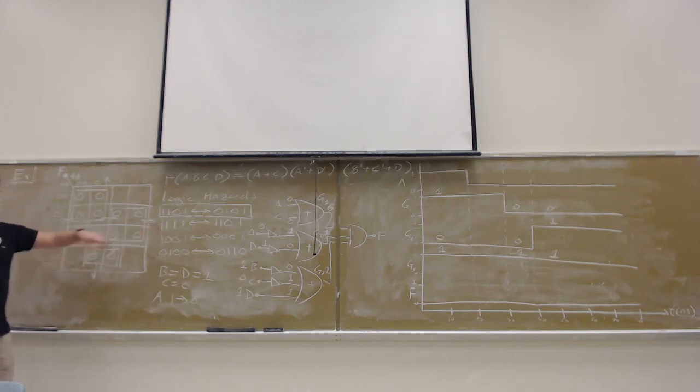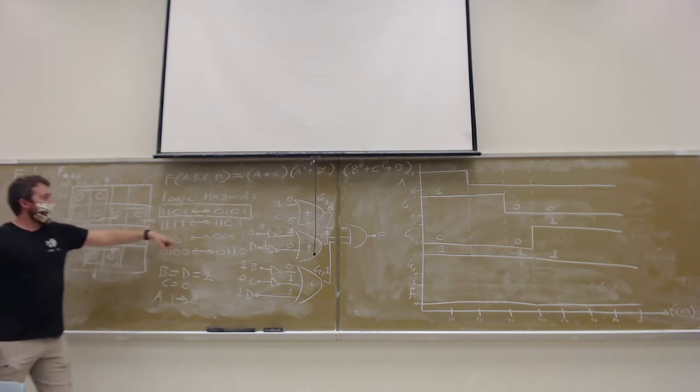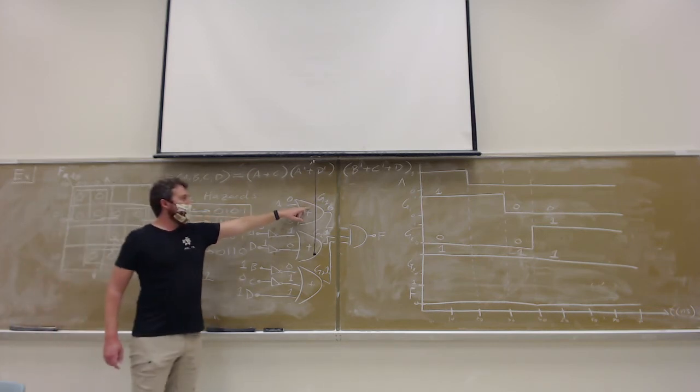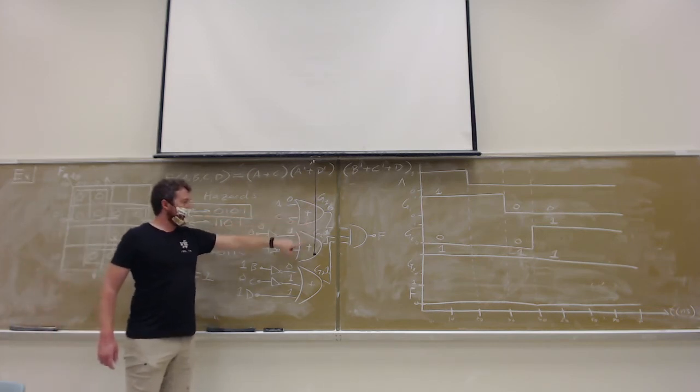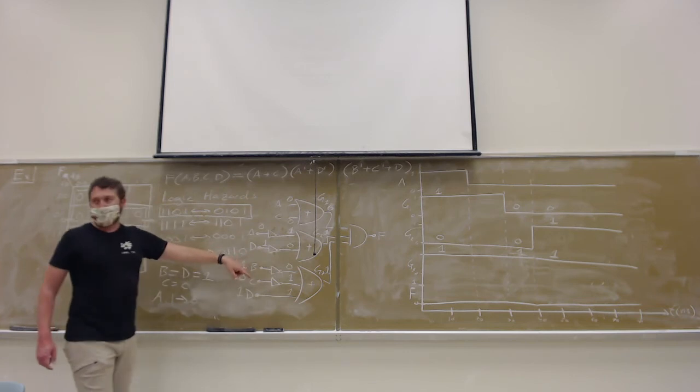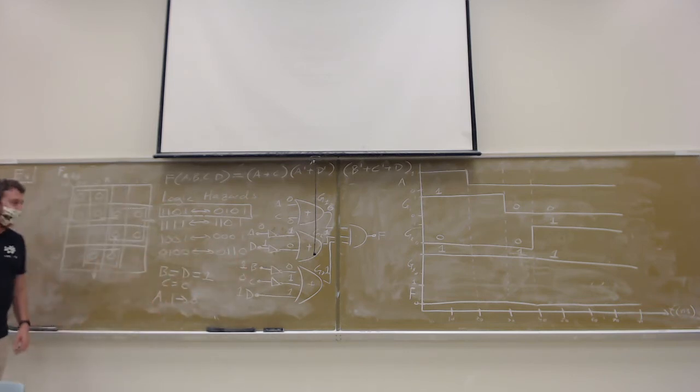Well, remember, it's not AND of all of these, right? It's AND through these logic gates, right? So it's this and this and this. There's a little bit more to it than just that. Yeah, they're switching because of the logic gates, because we've got some primes in there, some inverters.